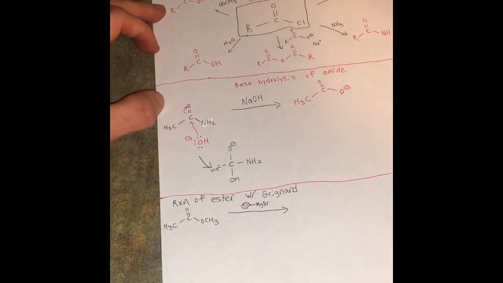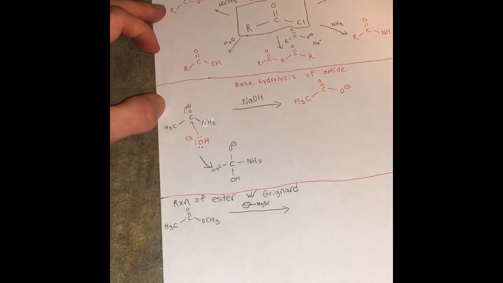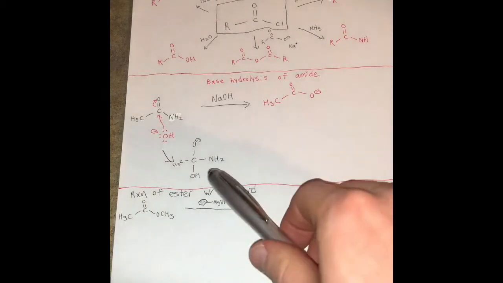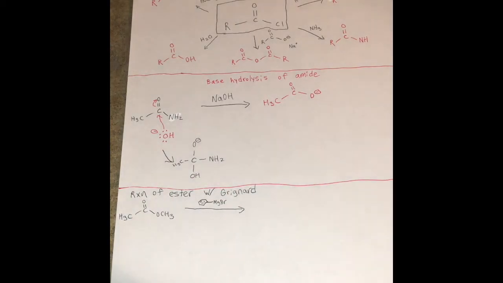So that's what we get after the first step. Now the next part of this mechanism is elimination of the NH2 group. Now NH2 is a very poor leaving group, but it is also a very strong base. So when we kick it off, it's going to find a molecule of water and steal an H away from that water to make itself NH3.